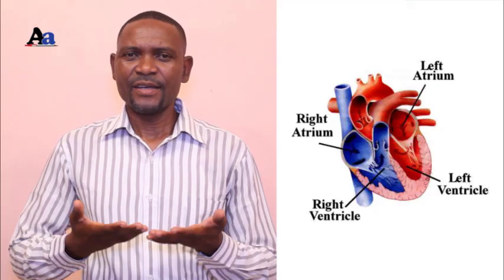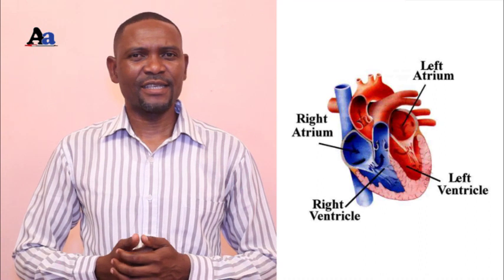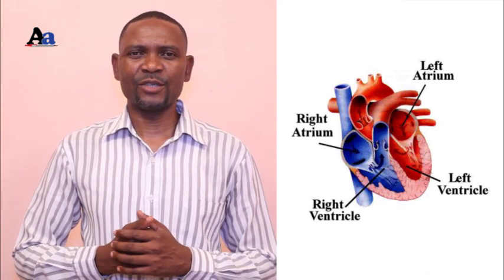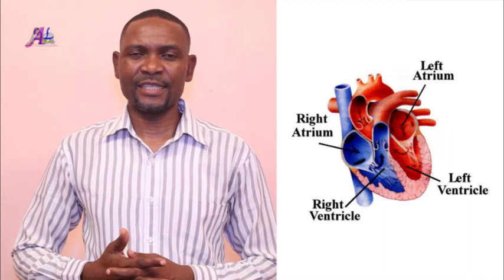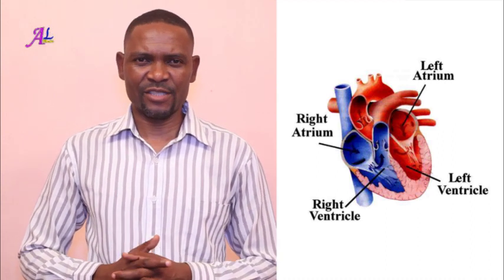The mammalian heart is divided into 4 chambers. You have the 2 upper chambers and the lower 2 chambers. The upper 2 chambers of the heart are called the auricles or the atria, and the lower 2 chambers of the heart are known as the ventricles.